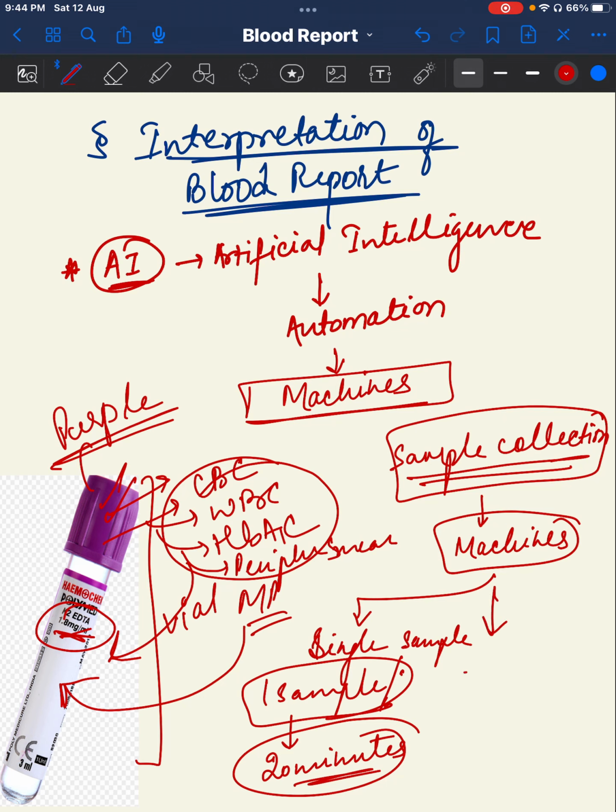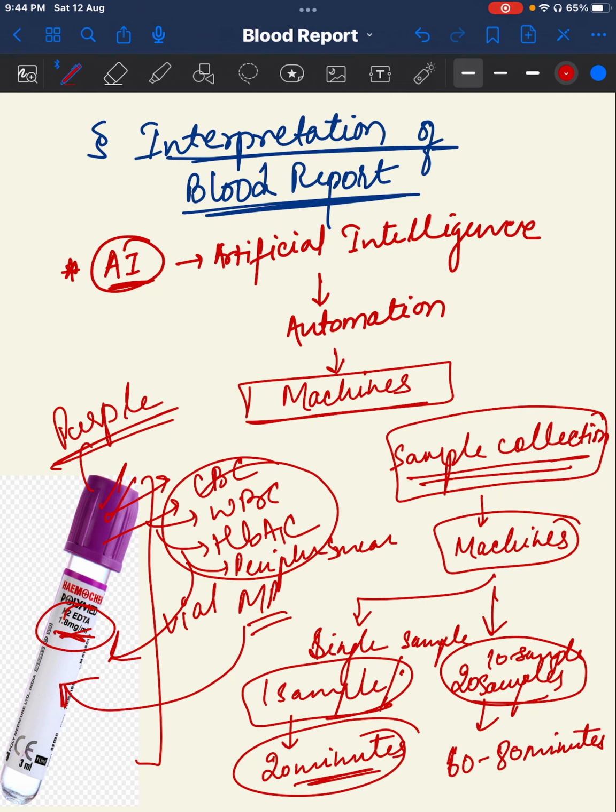Then another is a machine in which 20 samples are run at a time. If 20 samples or 10 samples are run at a time, it is one lot. So it takes around 60 to 80 minutes because it is the entire processing.